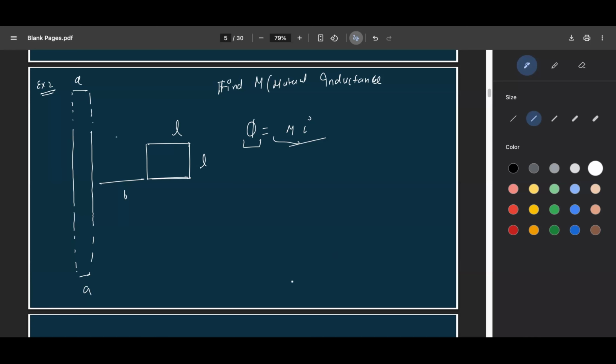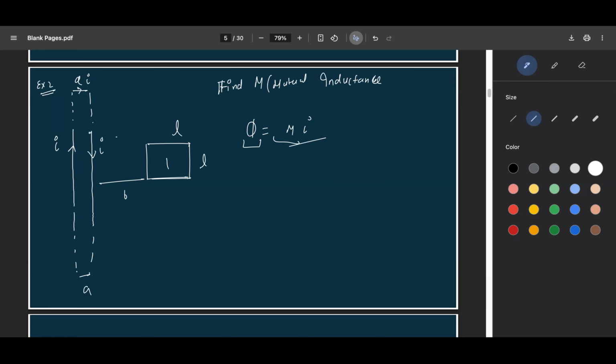Okay, let's do one thing. I will be giving a one-sided answer. I just told you, either assume current in this loop and get a solution over the other, or assume current in the other loop. I'll be assuming current in this infinite loop. Assume this current is I. It's a complete rectangle, so current I goes this side and I comes down the other side.